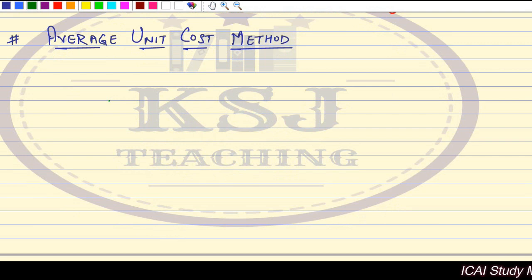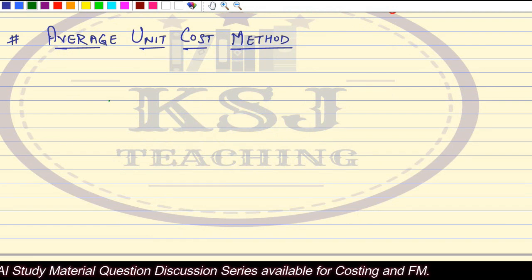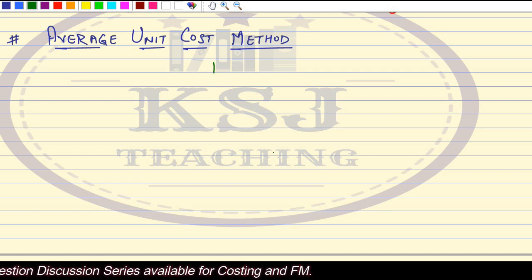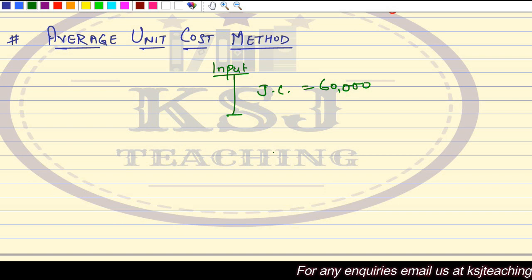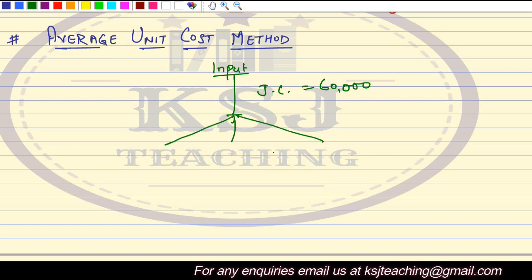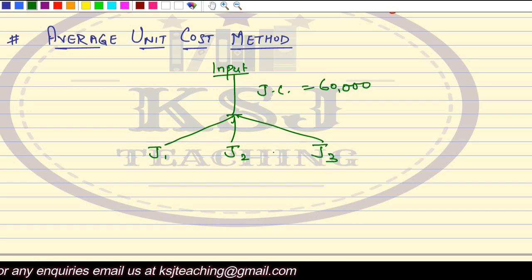We all know how to calculate averages: total cost divided by total number of units. That is what we are going to do here. We have some input, and we incur some joint cost. Say we have incurred 60,000 rupees of joint cost, and from here we get 3 joint products, J1, J2 and J3.